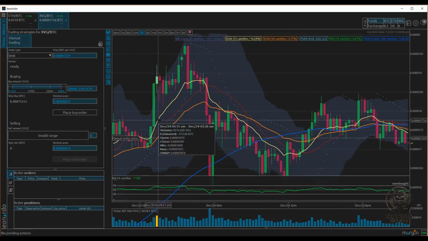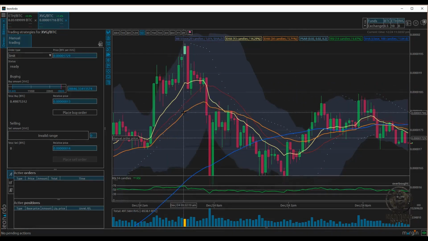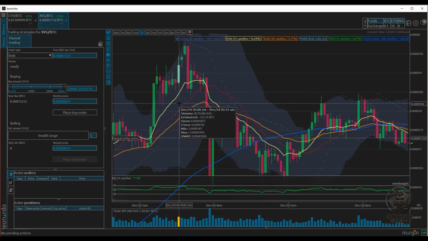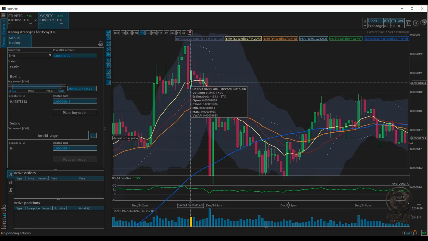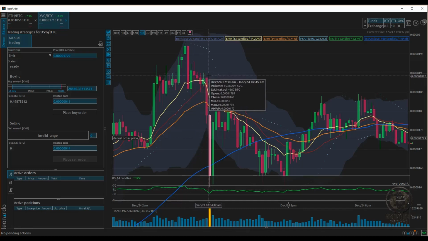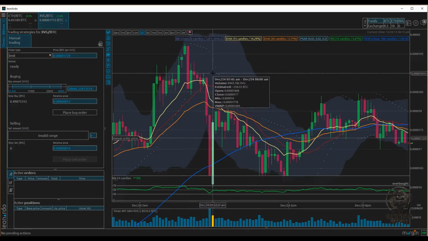On the other hand, if the yellow line is above the orange line, then it's a sell signal. And if the yellow line goes above the candlestick, then it's a definitive sell signal for me.